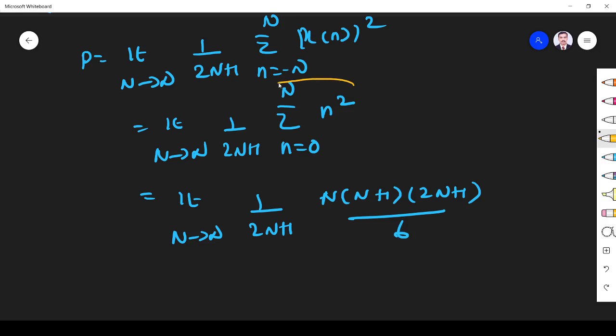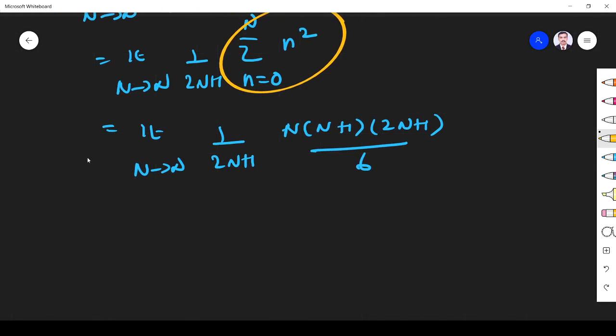What will happen? If you simplify that and substitute n tends to infinity, in the numerator we have n into n squared, n cube, and in the denominator we have n only. So n cube by n gives n squared in the numerator. Right? So surely it will be infinity. So power is infinity.